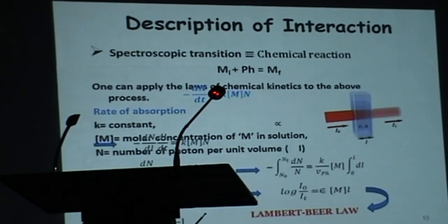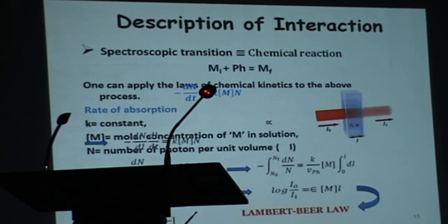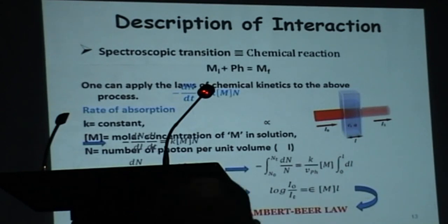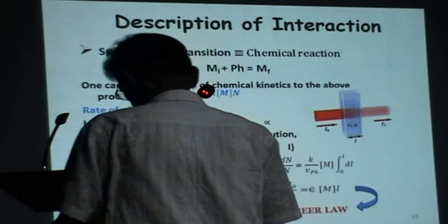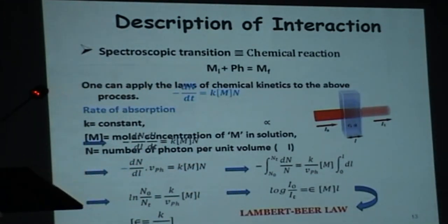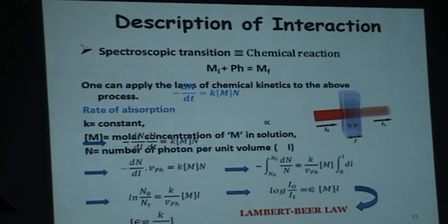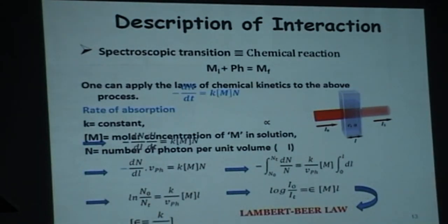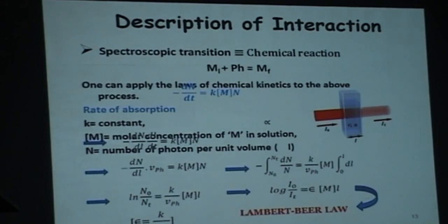Here is some description of the interaction. We have the spectroscopic transition as M initial plus photon going to M final. If this is a process, we can apply the law of chemical kinetics here. The rate of reaction may be d[M1]/dt or dn/dt, where n is the concentration of photons, that is, the number of photons per unit volume.